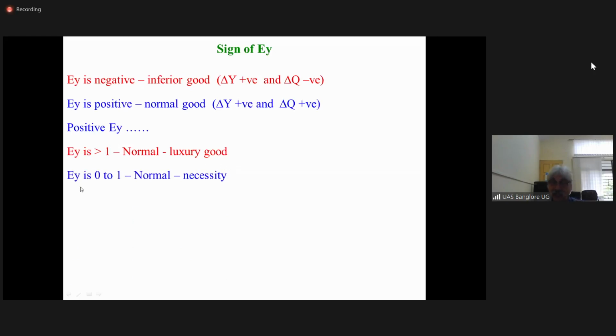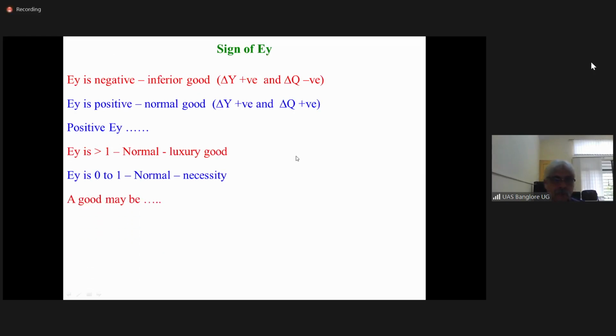But if the elasticity is between 0 and 1, it is a normal good, positive, but it is a necessity, an essential commodity. So what you can remember is 0 to 1, positive, necessary commodities. More than 1, normal, a luxury good. Negative, it is an inferior good.